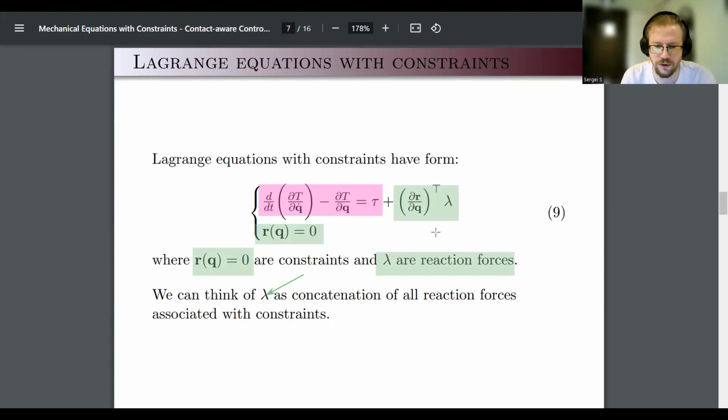Now, let's imagine that lambda is a single Cartesian vector, just for simplicity. Then what we have here looks a whole lot like a transformation from a Cartesian vector to a generalized force. Like this is just a generalized force generated by lambda, a Cartesian vector.